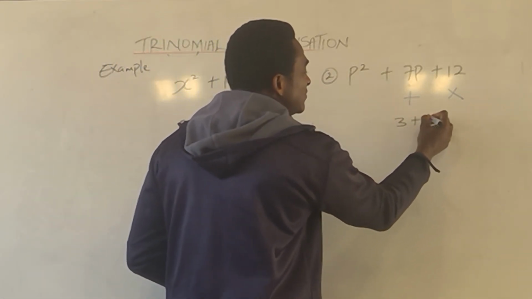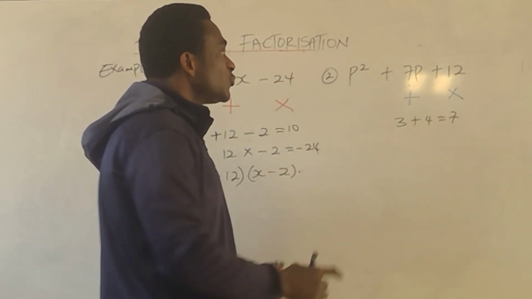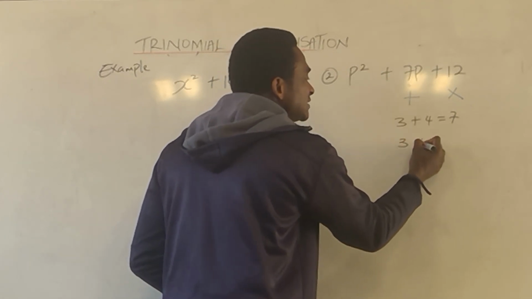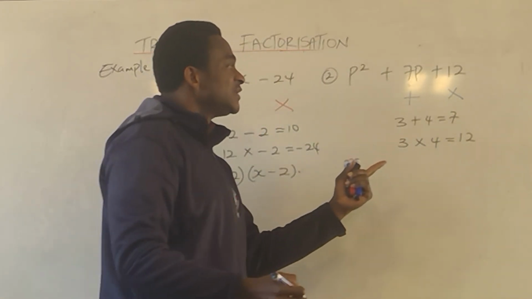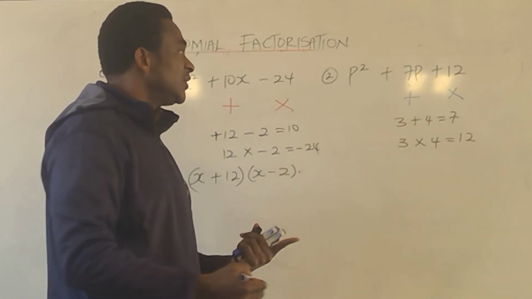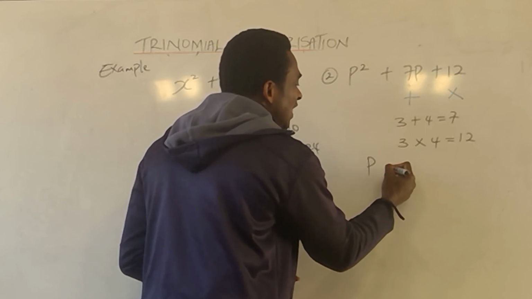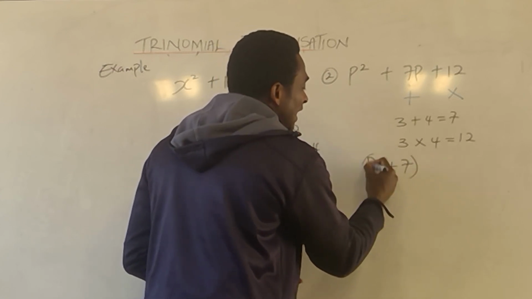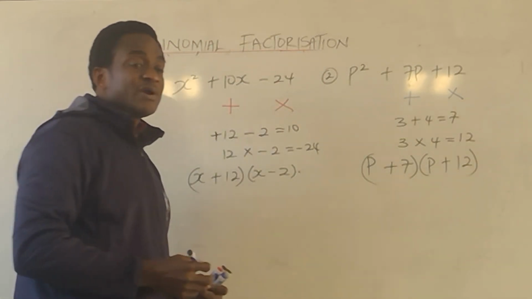If we try 3 plus 4, both of them positive, it gives us 7. We test the same 2 numbers. 3 times 4 will give us positive 12. Including the signs, everything is in order. So we can say that factorizing this, we have p plus 3 and p plus 4, fully factorized.